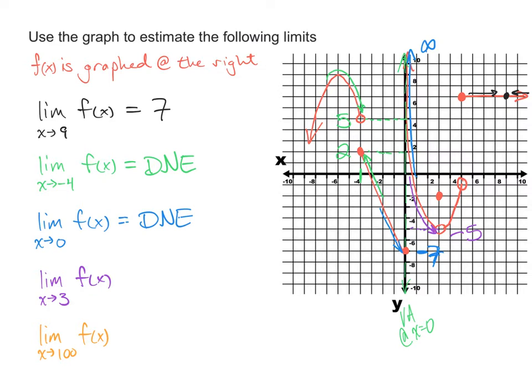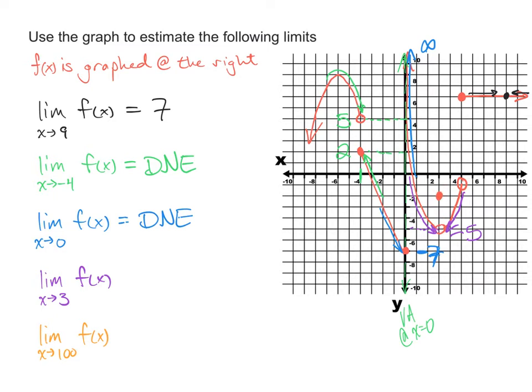And if you approach 3 from the right side, it looks like the y value that the graph is trying to approach is also -5. Now you might be saying, hey, there is a hole in the graph. There's nothing there. This function is not defined there, it's defined up here.